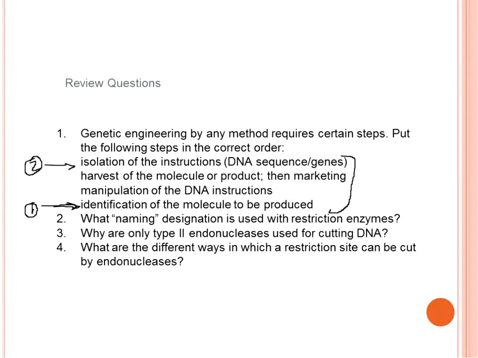And third, manipulation. And fourth is the harvest and production, right? So that's the chronological order. Okay. All right. What naming designation is used with restriction enzymes? Give me the four things that are put into a name.